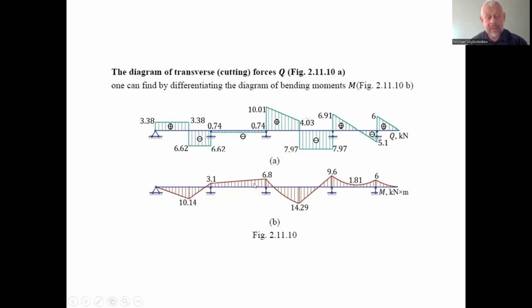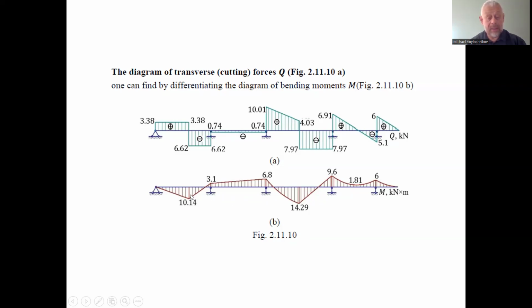So inclination corresponds to the magnitude of the shearing force diagram. For span number 2, we have the shearing force diagram with a little bit of minus 0.74, and we can see that the bending moment diagram slightly reduces from 6.8 to 3.1. This is because we have other support reactions at the ends of single span number 2 of the continuous beam.